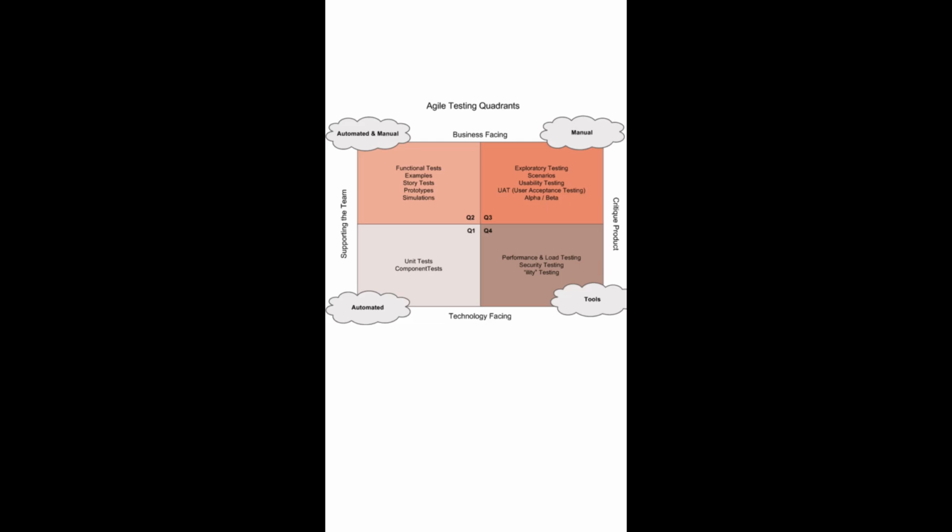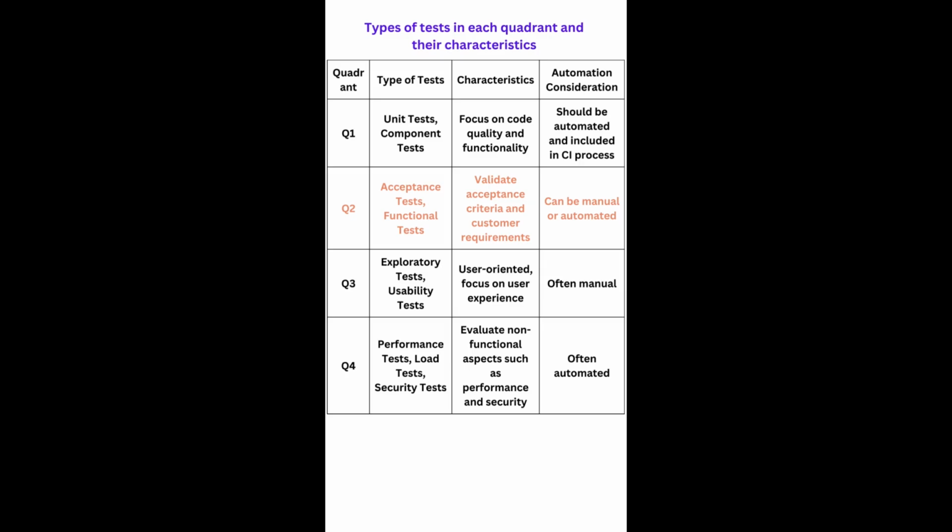Question 19. Which Agile testing quadrants tests are designed from the business perspective and may involve the use of techniques such as ATDD and BDD? Here we have the Agile testing quadrant. This table summarizes the types of tests in each quadrant and their characteristics.